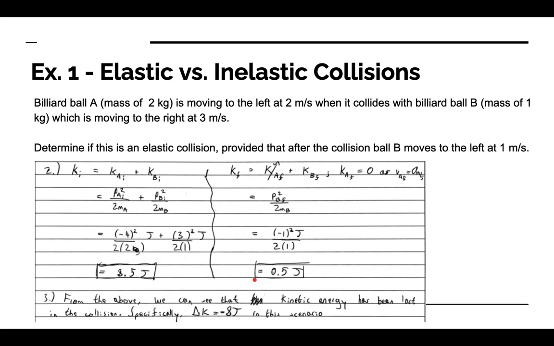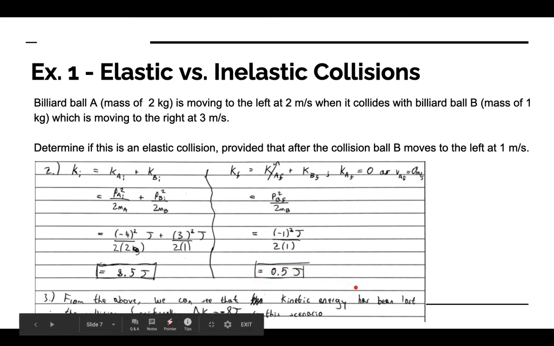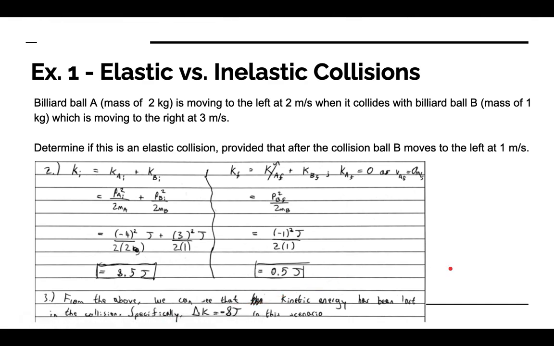So as a result, we can see that kinetic energy has been lost in the collision. Specifically, the kinetic energy has decreased by 8 joules in this scenario. And this is the basic problem-solving process for determining whether a collision is elastic or inelastic.